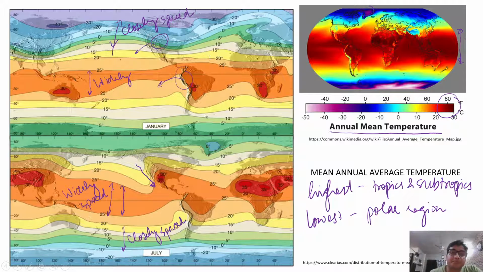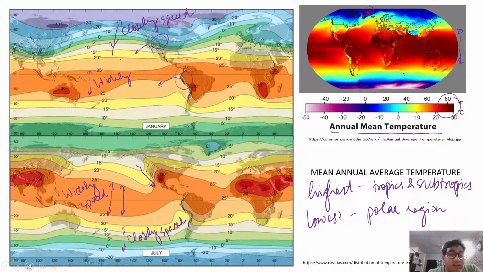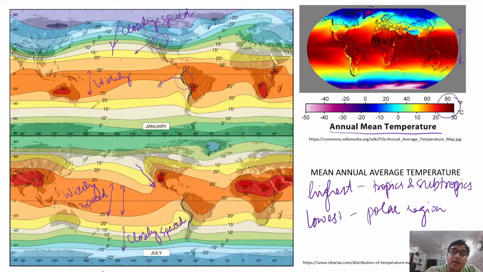For example, in this case, if we see the Atlantic Ocean, where this laser pointer is, you can see that this is the zone of the western margin of the Atlantic Ocean, but it is the eastern boundary of North America. A very important warm current flows here, that is the Gulf Stream. Let me just draw the Gulf Stream for you, and then you will see.